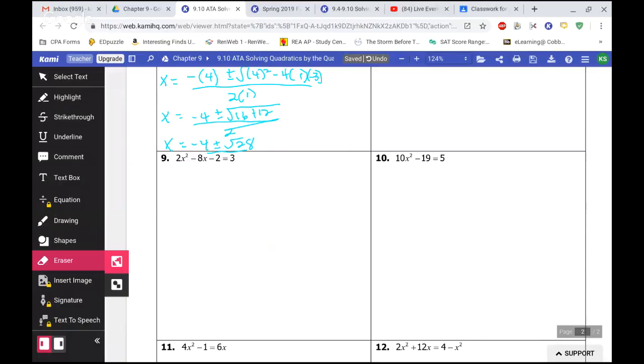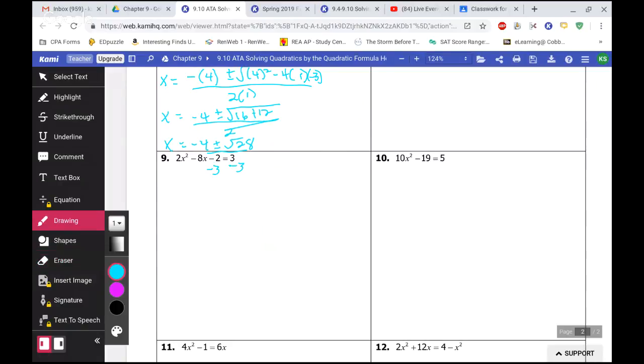All right, so number 9, I'm going to subtract 3 from both sides. So 2x squared minus 8x minus 5 equals 0. Identify A, B, and C. So A is 2, B is -8, C is -5.